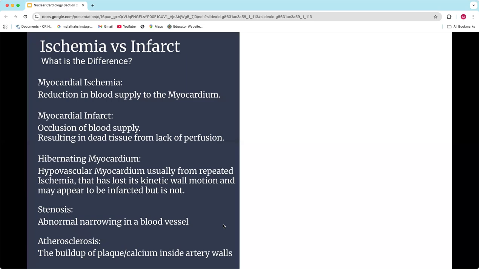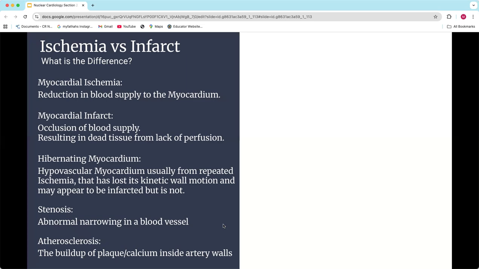It's hypovascular, and usually that's from repeated ischemic events. What's happened is it's lost its kinetic wall motion, and so it appears to be infarcted on every general test you can do. But the question is, is it really, or is it just low blood flow? In other words, it's alive, it's not dead, but it looks like it is. That's called hibernating myocardium.